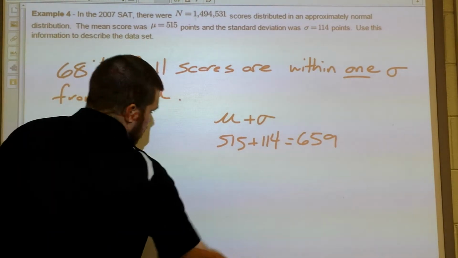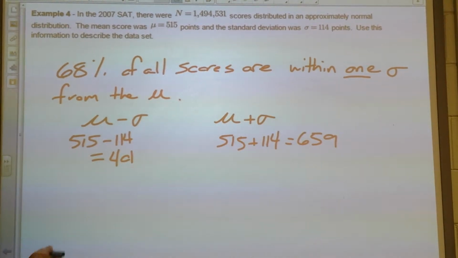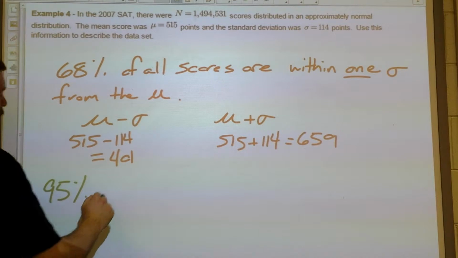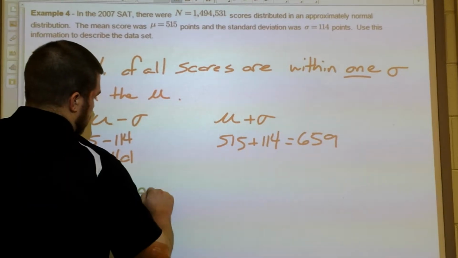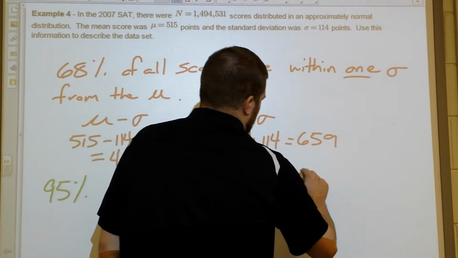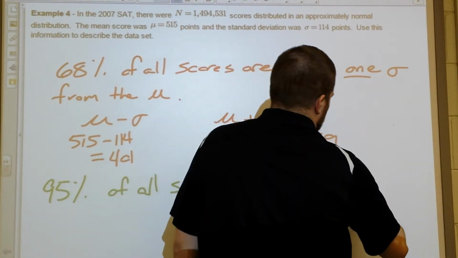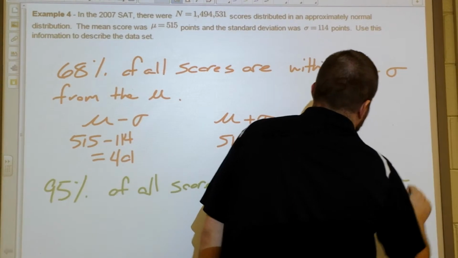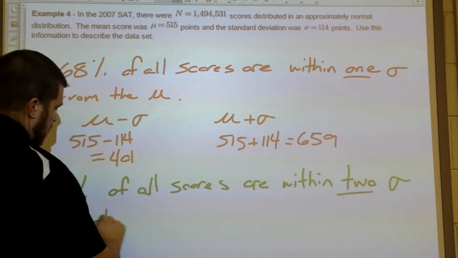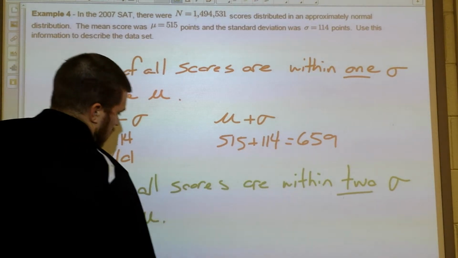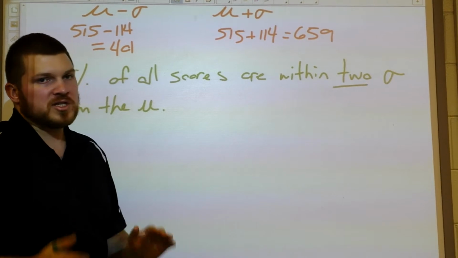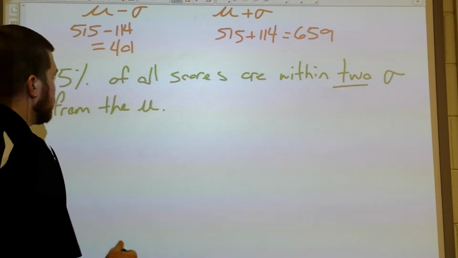Okay, let's go out a little bit farther to 2 standard deviations. In other words, 95% of all scores are within 2 sigma of the mean. So again, 95% means we have to go 2 sigmas above the mean and 2 sigmas below the mean.